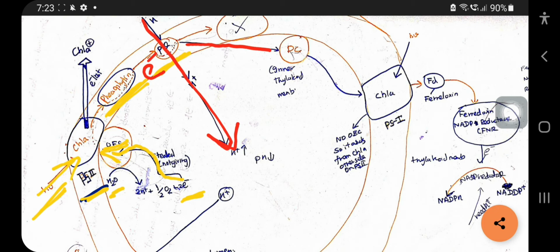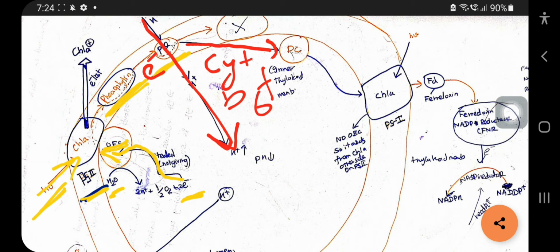So the plastoquinone next transfers its electron to plastocyanin. Plastocyanin is a mobile electron carrier. This is an important question regarding photosynthesis. It transports its electron to cytochrome. Before coming to it, here will be the cytochrome B6F complex. Plastocyanin is a mediator of transporting electrons obtained from plastoquinone.